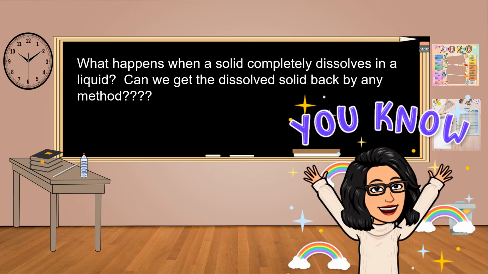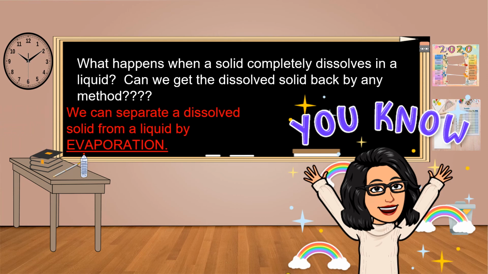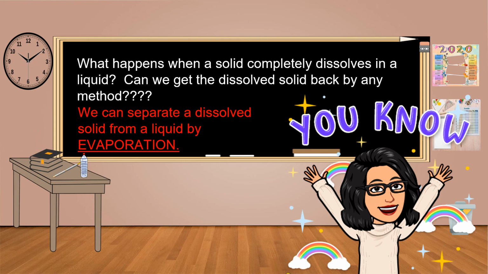Now, one more question. What happens when a solid completely dissolves in a liquid? Solid into liquid, right? Can we get that dissolved solid back by any method? Yes, students. We have a process which helps us to separate a dissolved solid also from the liquid, and that process is called evaporation.